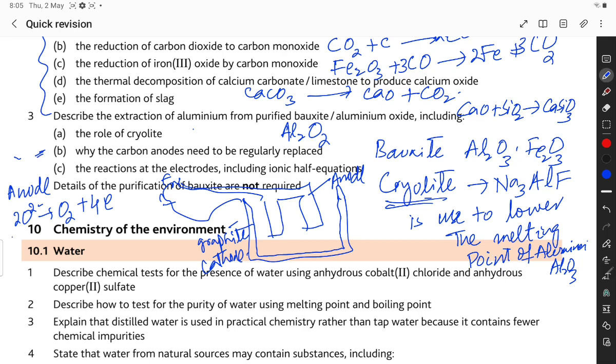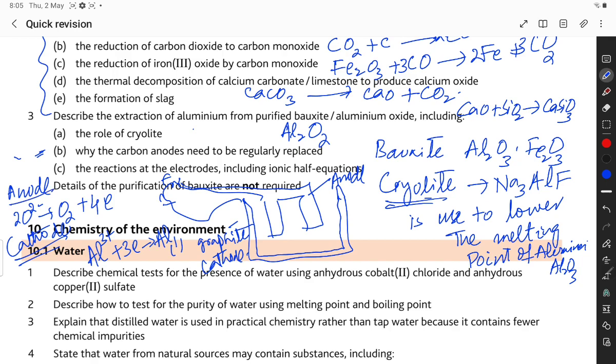The reaction at the cathode: aluminium 3 positive ion gains 3 electrons to form liquid aluminium. So these are the reactions at the cathode and anode in the extraction of aluminium.